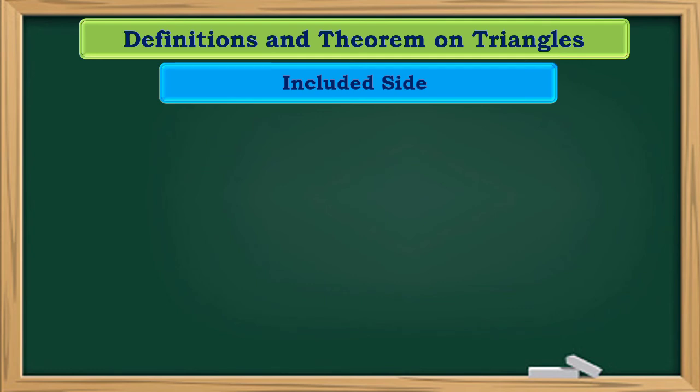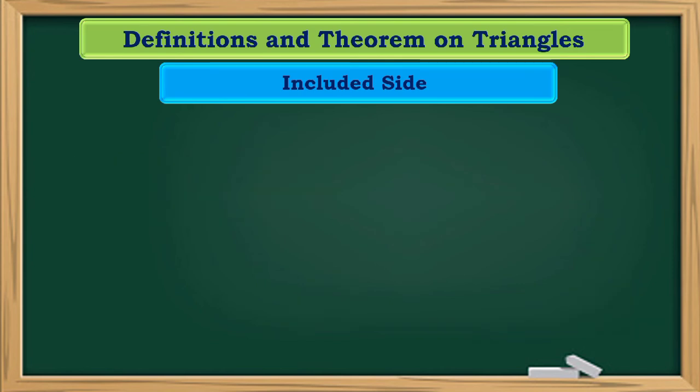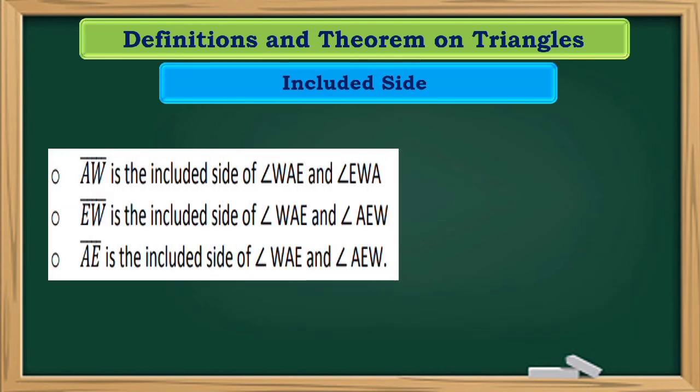Now let's have included side. Included side is the side common to two angles of a triangle. So for example, we have angle A and angle B. The side common to these angles is side C. Therefore, side C is the included side. Let's have this example.